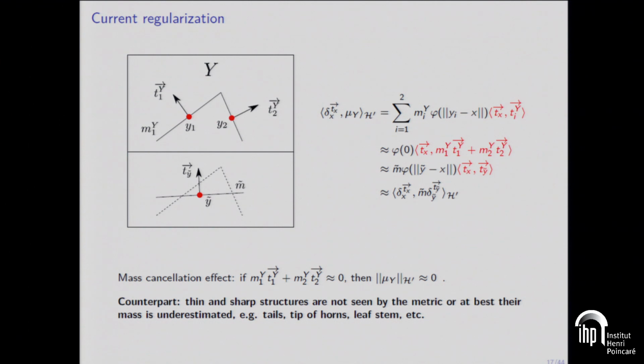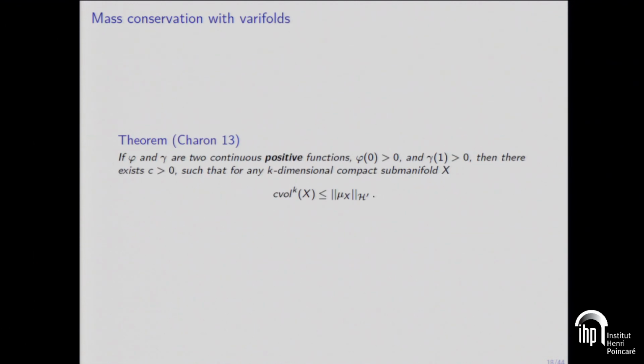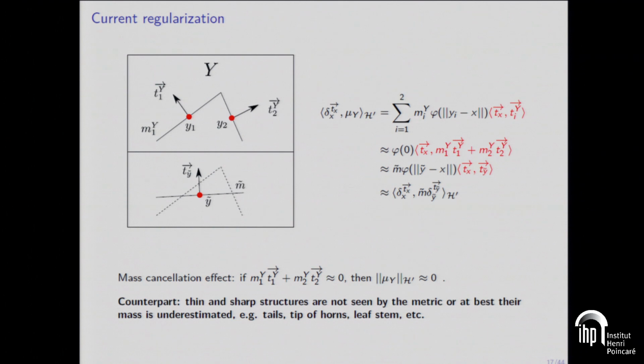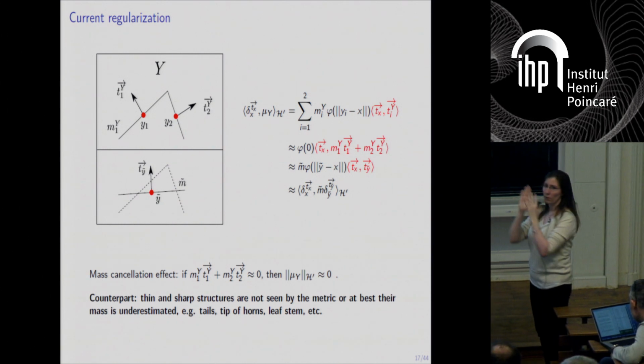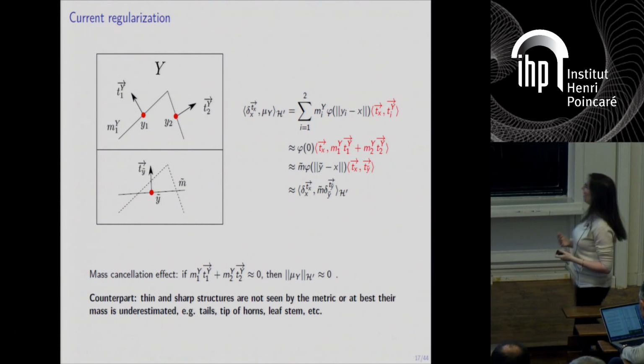Okay, so just basic properties. The currents have this nice regularization property. I will show you maybe more in applications. And this regularization of currents has a counterpart: when you have faces with opposite direction, they cancel the mass.